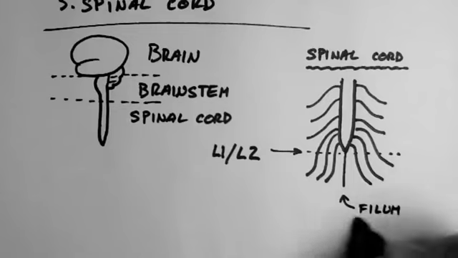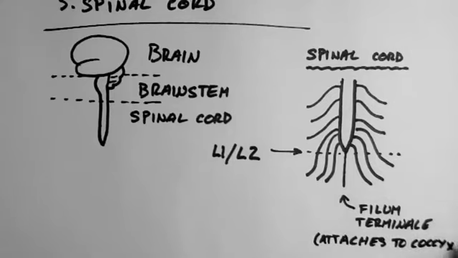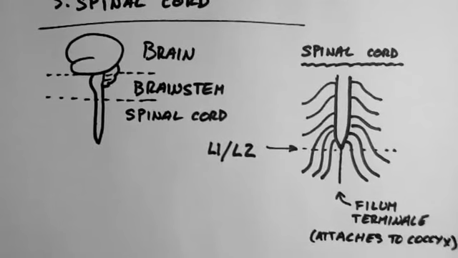This little fibrous band here is the filum terminale, and it attaches to the coccyx bone. And it kind of helps keep the spinal cord in place.